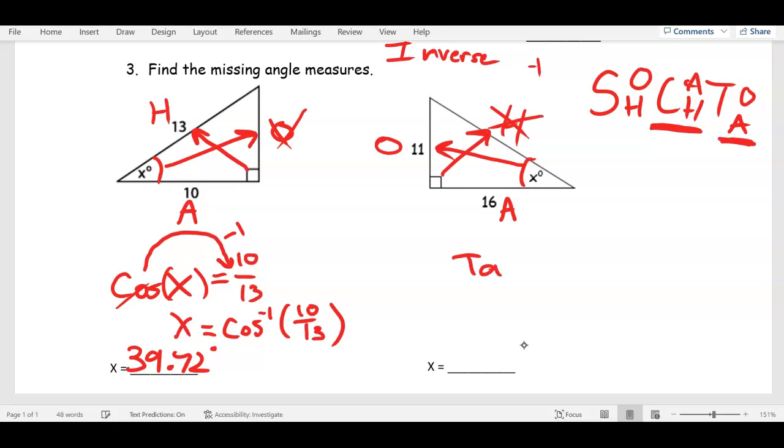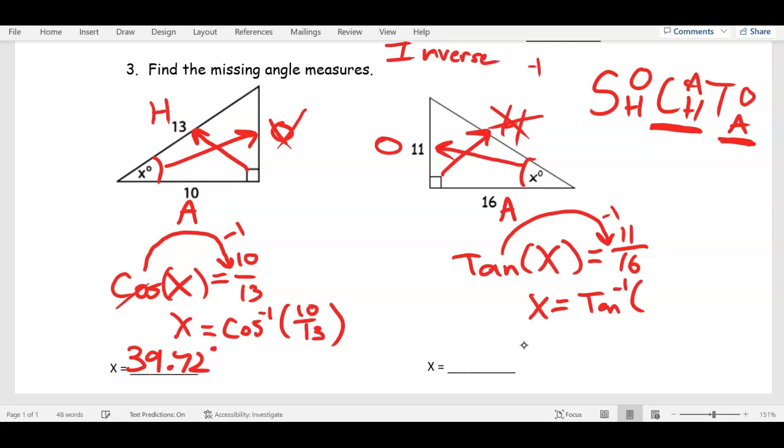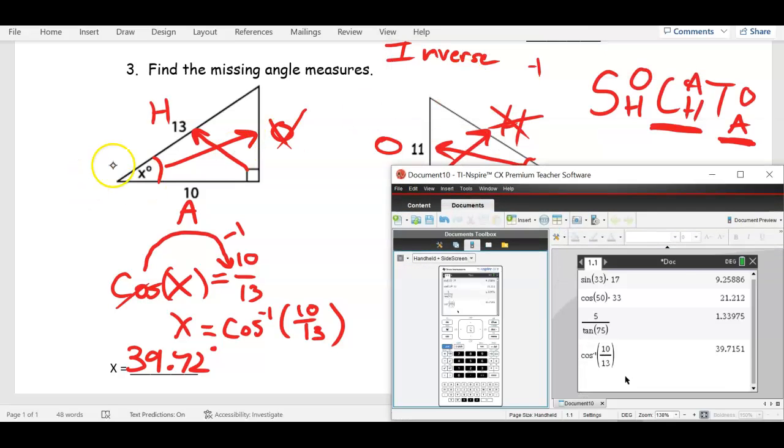So tan, the angle is missing, X equals O over A. And I'm going to take that trig, move it to the other side, but I got to put a little inverse on it. So X equals tan inverse 11 over 16. If I can type that in my calculator, I'll be good.